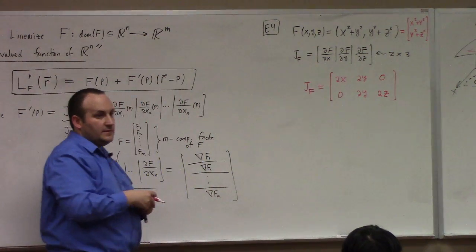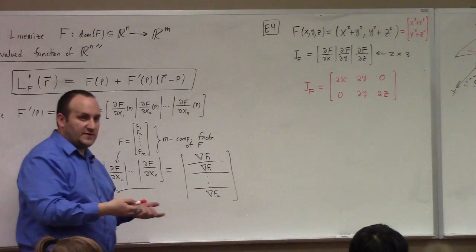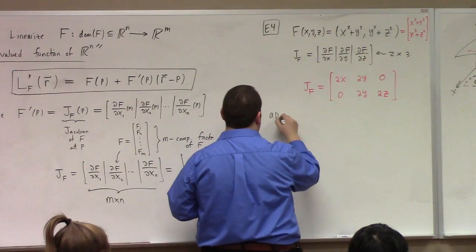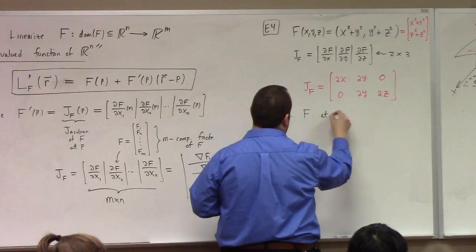There you go. Now suppose you actually wanted to find the best approximation for this function. Let's say approximate f at 1, 2, 3.